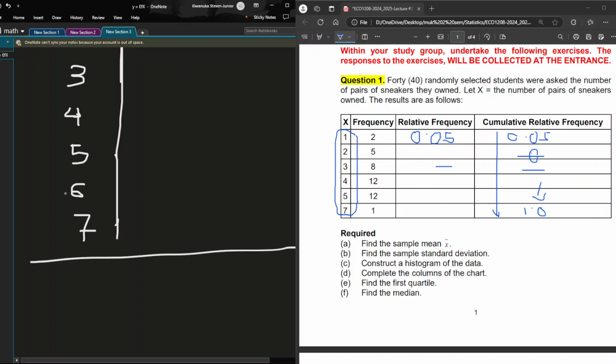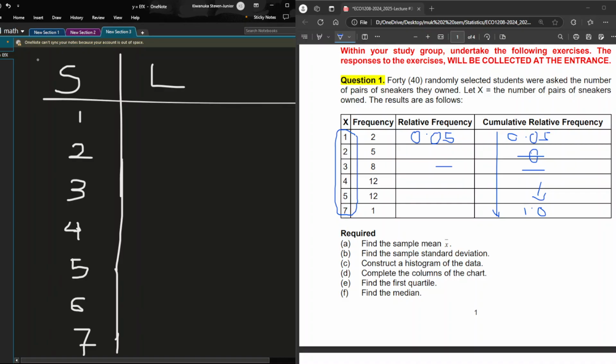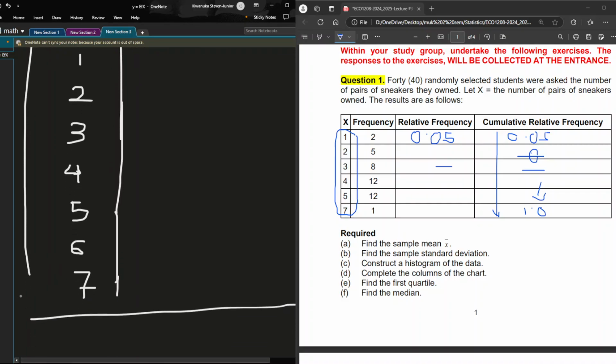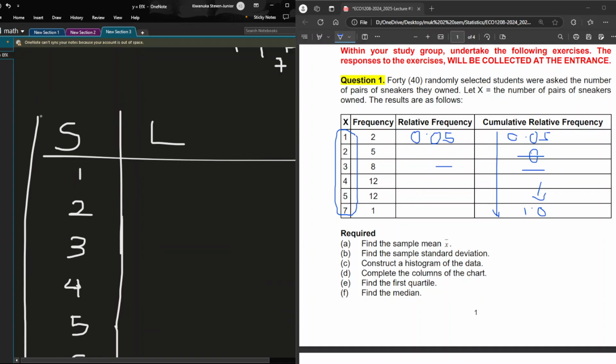I hope you noted down that we indicated the 6 even when it is not appearing anywhere, for consistency. The frequency determines how many times we write the leaf.